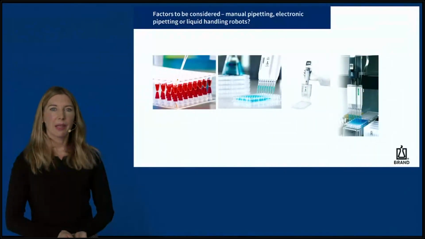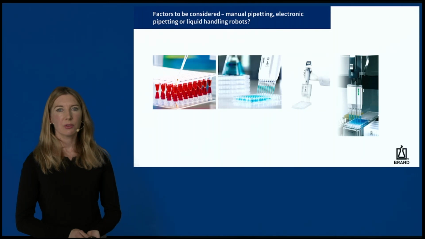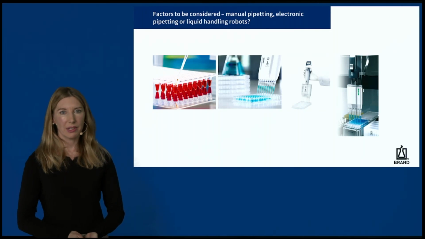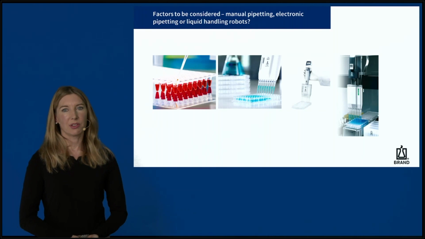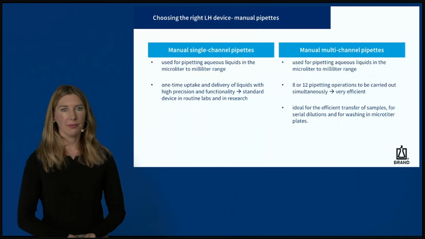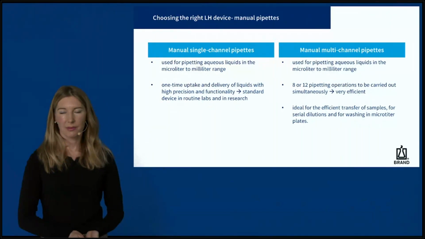There are several methods for liquid handling in PCR, including manual pipetting, electronic pipetting, and liquid handling robots. Which pipette should be used for the preparation of the PCR? When does it make sense to use a manual single-channel pipette?